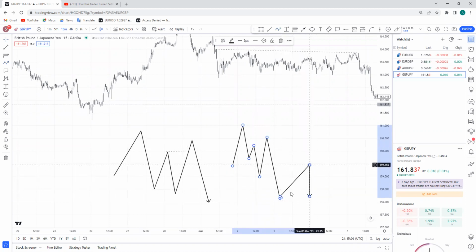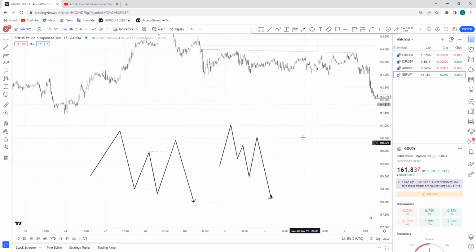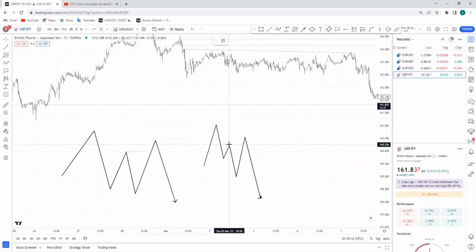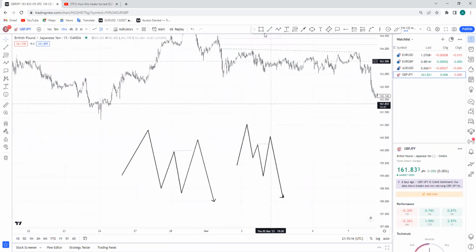You can see they are different from each other. This one has raided this place, and this one did not break structure before it created the internal liquidity for us. And this one has already broken structure.